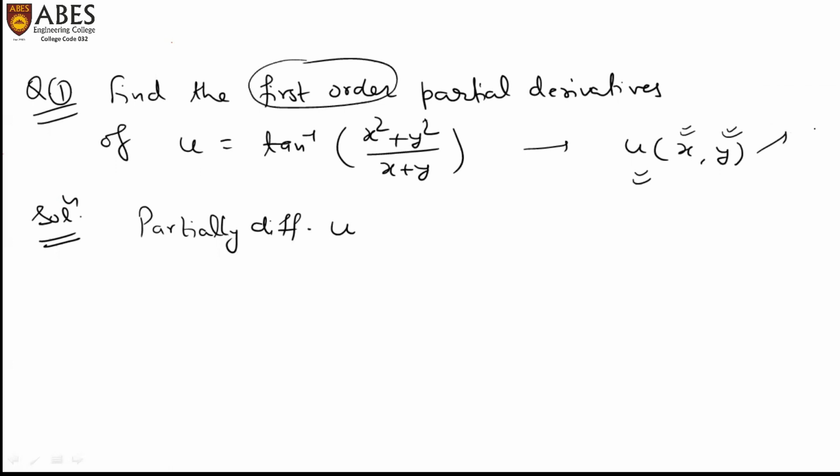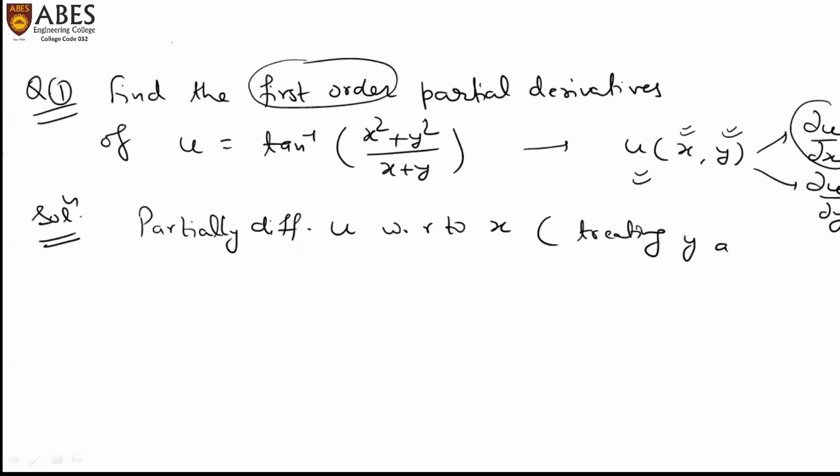First order means del u upon del x, and the second one will be del u upon del y. Correct? So for the first derivative, del u by del x, partially differentiate u with respect to x. Obviously y will be constant, meaning treating y as a constant, correct?